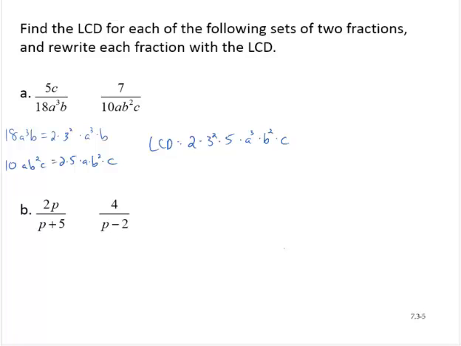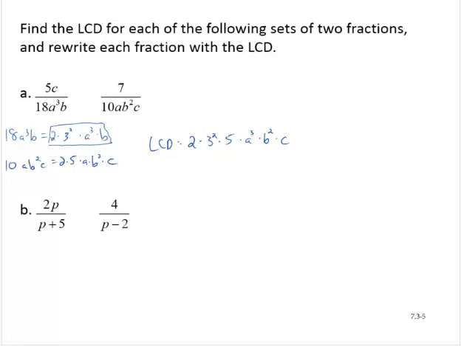Now we ask ourselves, we have to look at each of these denominators and say, what's missing? We compare the denominator to the LCD. For that first denominator, we had 18a cubed b, and it's easier to compare it to the factored form that we've already written.